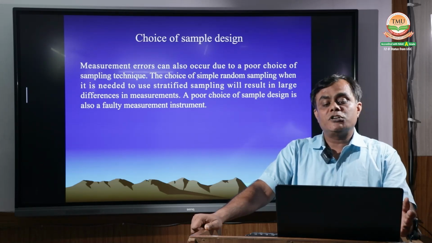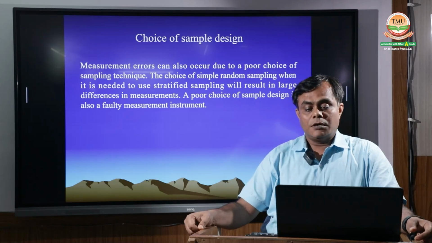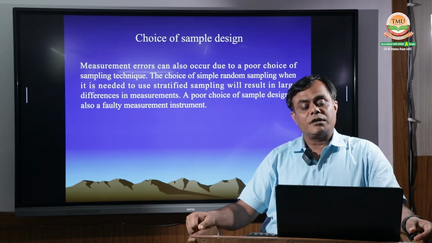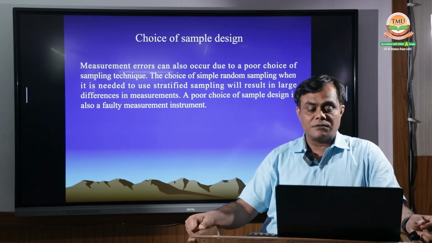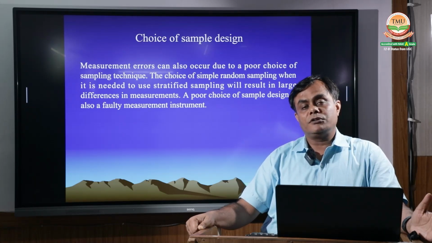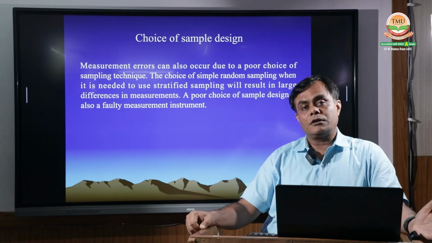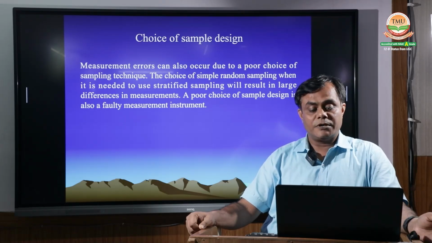That is called a poor choice of sample technique. Choice of sample is also important, and due to a poor choice of sample technique, certain errors come into the research, and that type of error comes under the head of the choice of sample design.